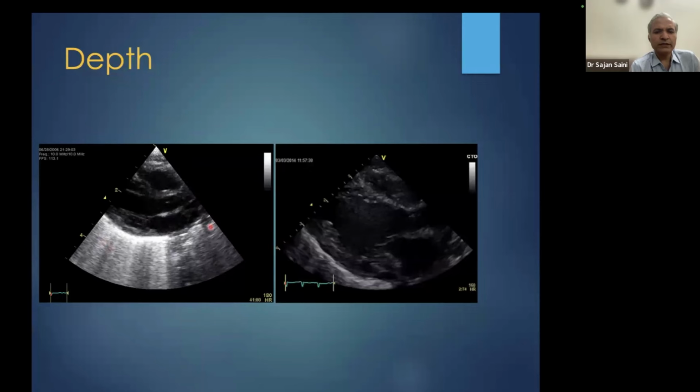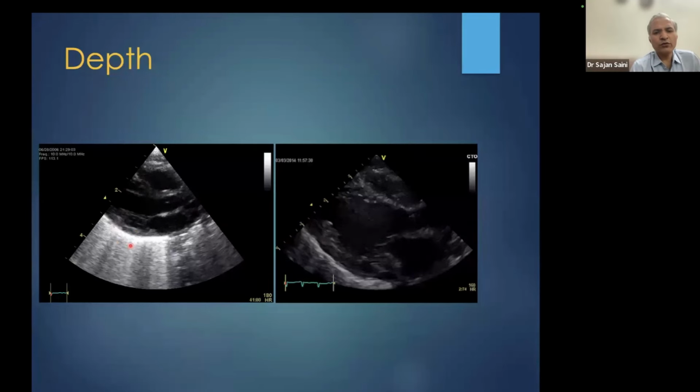So basically, this view is used to study the movement of the mitral valve, the movement of the aortic valve, the aortic dimensions, the left ventricular diameters in diastole and systole, and various indices associated with these measurements.